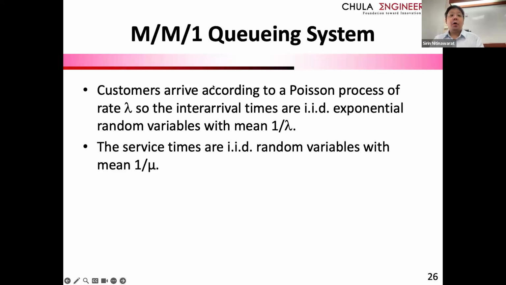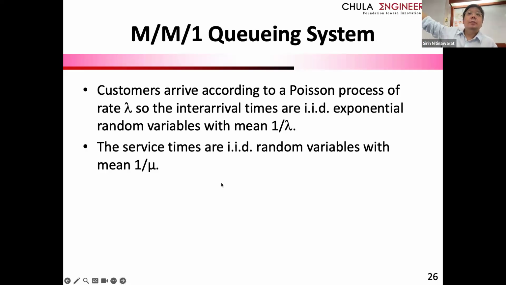The second M is for the service mechanism, which is also memoryless, meaning it is also exponentially distributed. But the service mechanism has another rate determined by the parameter mu, right?